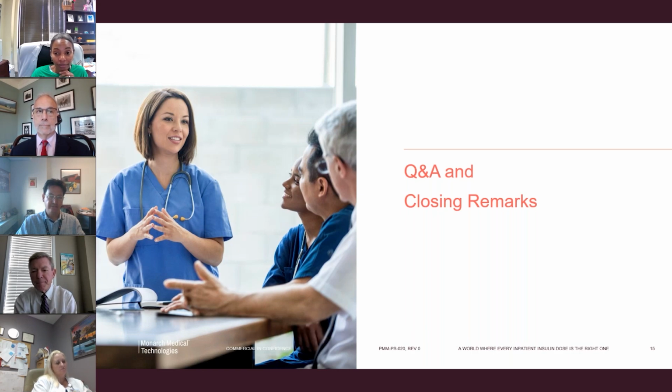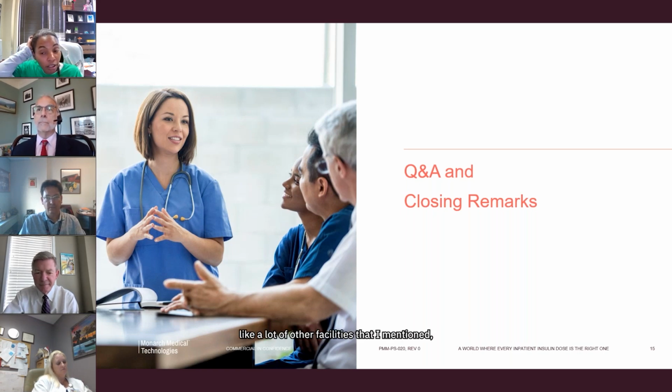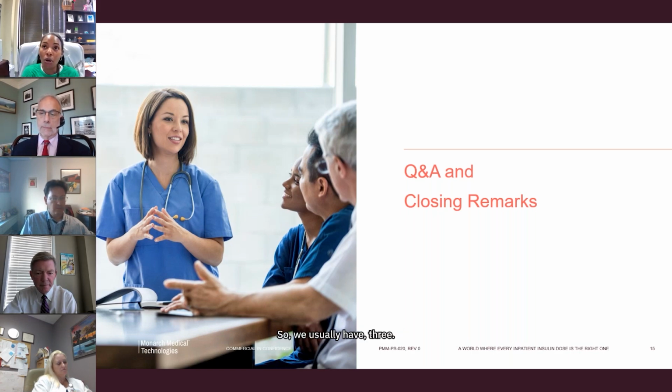Yep. Great. Thank you. I have a question specifically for Dr. Kodzwa. How does your institution handle patient-to-nurse ratios with frequent point of care testing in non-critical care areas with IV insulin use? I think when it comes to a lot of other facilities, as I mentioned, we do have some staffing considerations.